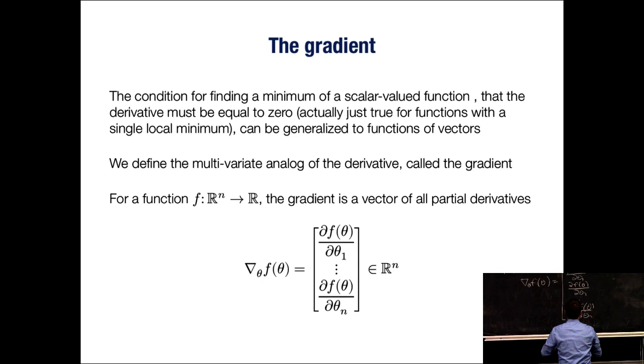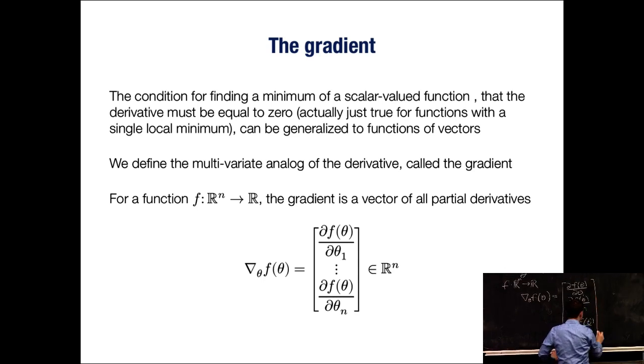And because it has n of these things, remember f itself is scalar valued. It outputs a single number, but it takes as input a vector in Rn. And so I'm defining a vector of all possible derivatives, which is a quantity that is also therefore a vector in Rn.